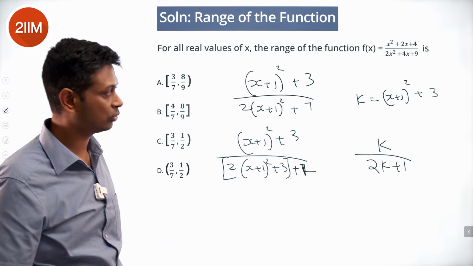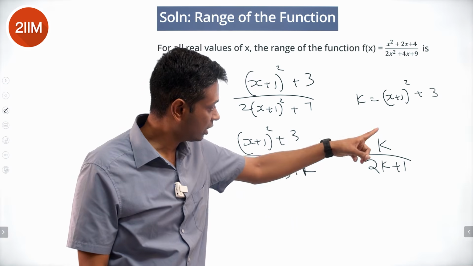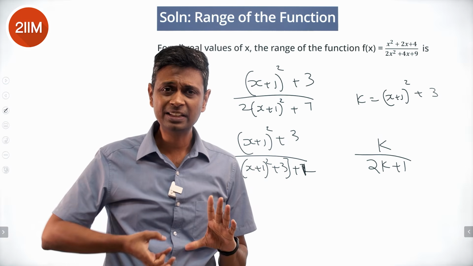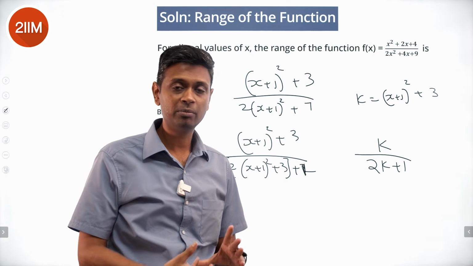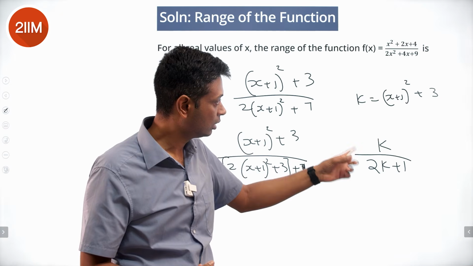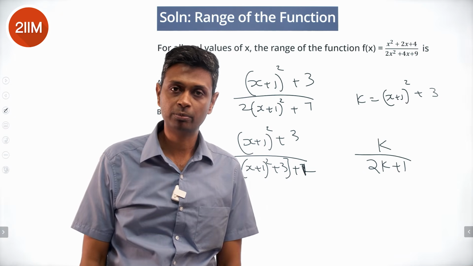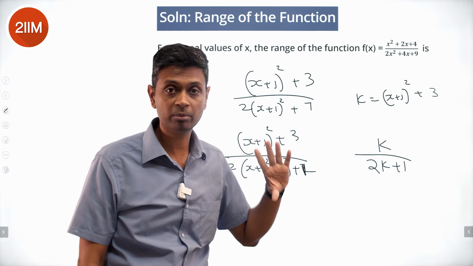Right, so the minimum value k can take is 3. This is 3 by 7. If k is any more than 3, then this number will keep getting bigger and bigger. K by 2k plus 1. So 100 by 2 into 100 plus 1. 1000 by 2 into 1000 plus 1. A million by 2 into million plus 1.